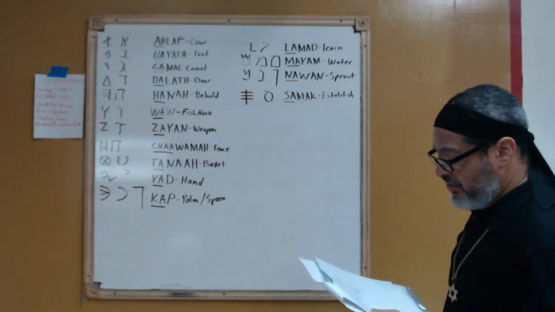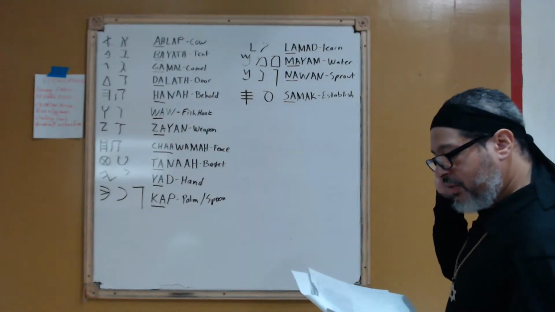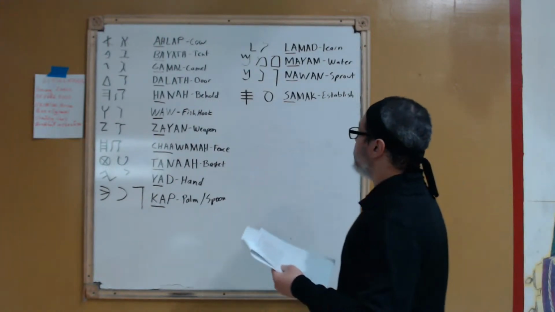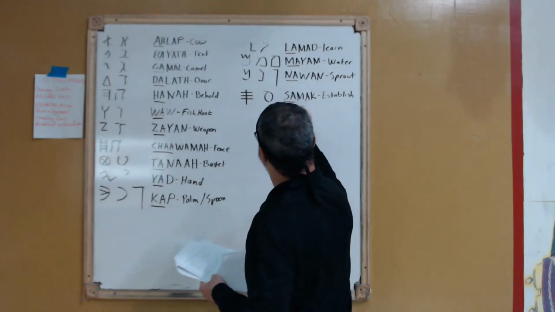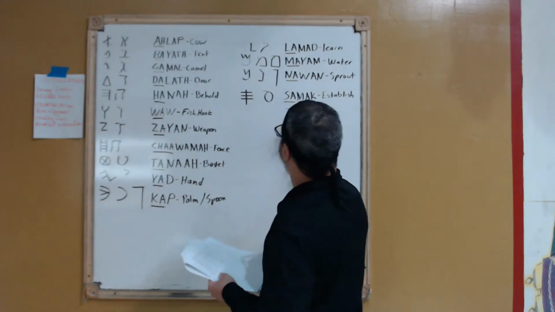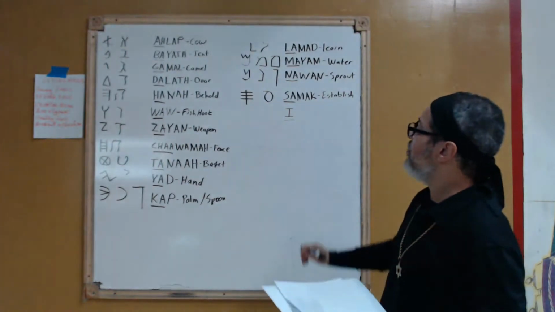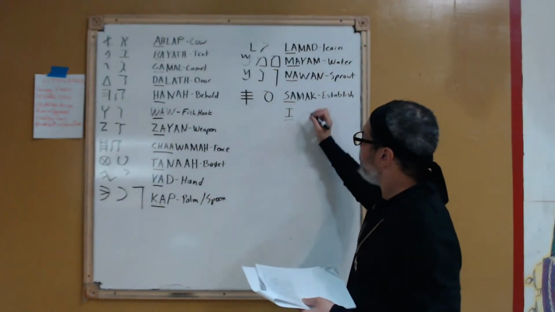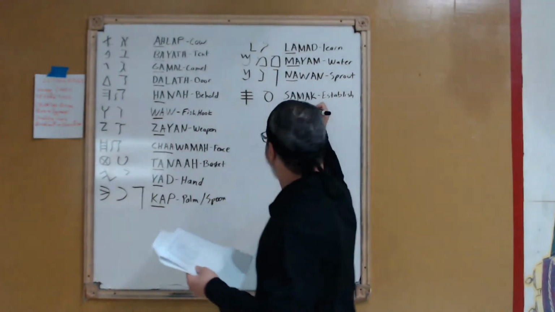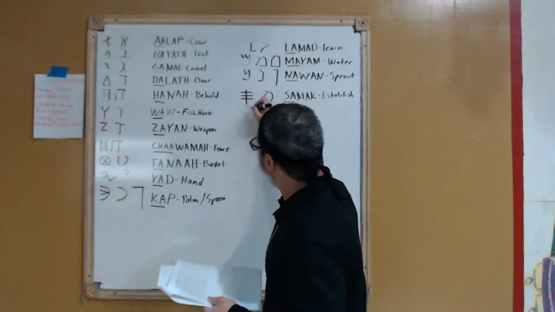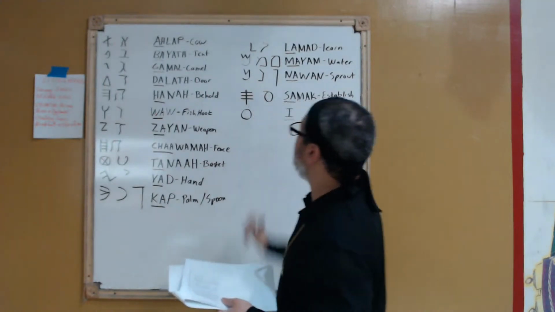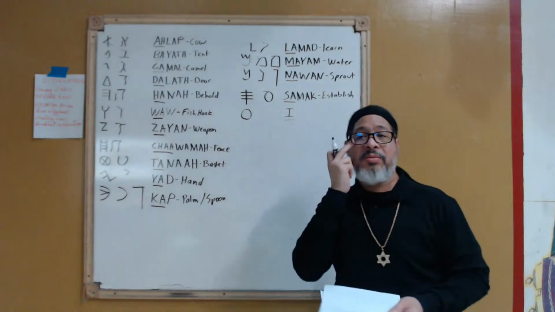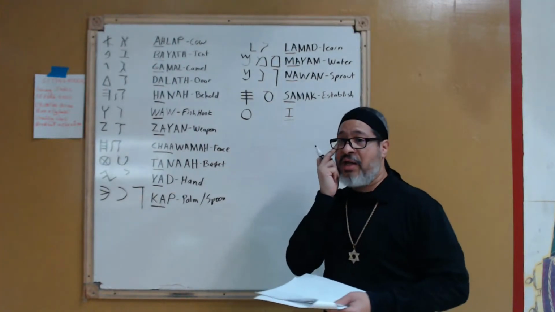Next, we have the I sound. Okay. And this was, in the ancient, just a regular circle. So it looks like your eyeball. That's why your eye is a circle.